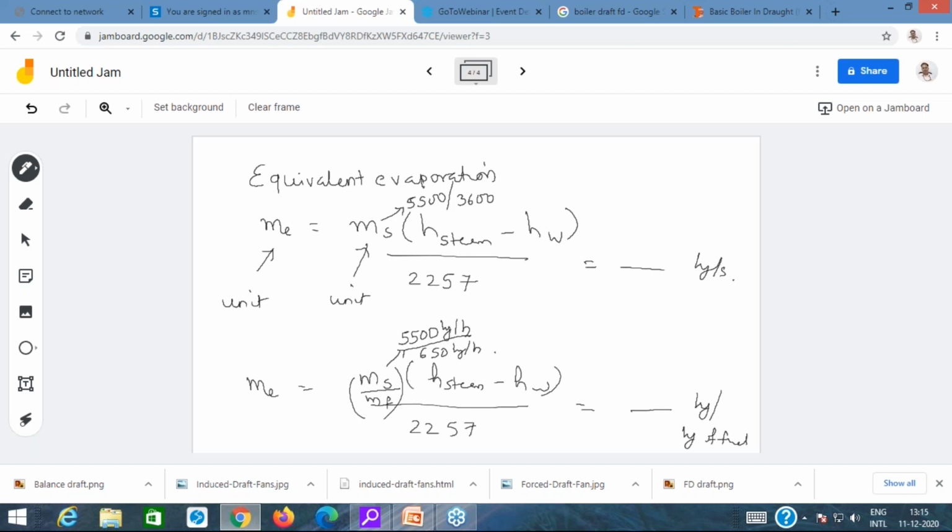Okay, that is how equivalent evaporation is defined. So how much is this? Just tell me answer 2 and answer 1.